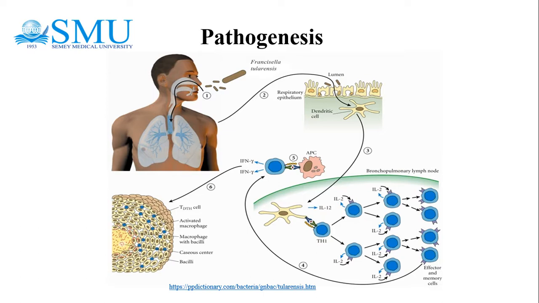This makes sense because recall that these two cytokines are normally responsible for activating macrophages to produce reactive oxygen species and nitric oxide, which are highly toxic to bacteria. The humoral response, production of antibodies, is less important for elimination of this facultative intracellular pathogen.